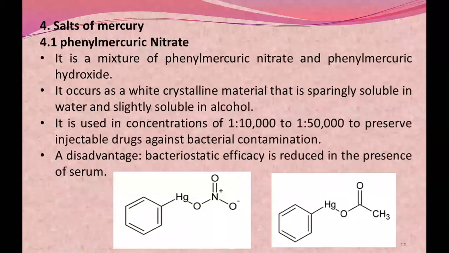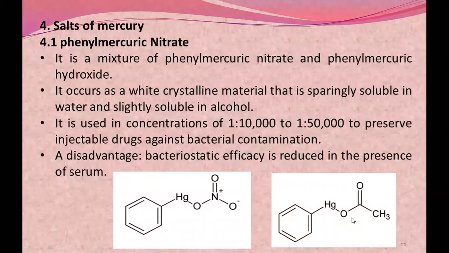Then the last type of preservative is salts of mercury. Here you can see the two compound structures. The first is phenyl mercuric nitrate, and this is phenyl mercuric acetate. So these are two salts of mercury. Talking about phenyl mercuric nitrate, it is a mixture of phenyl mercuric nitrate plus phenyl mercuric hydroxide. It occurs as a white crystalline material.